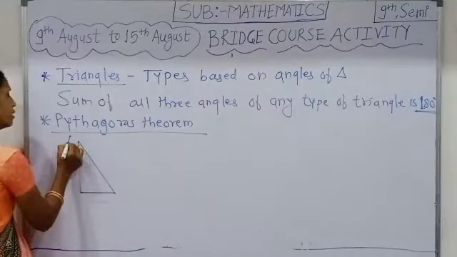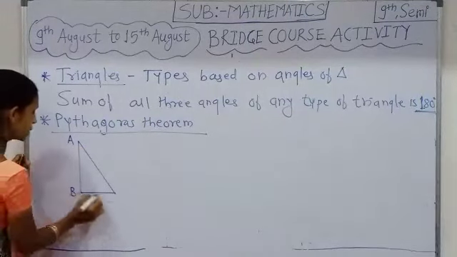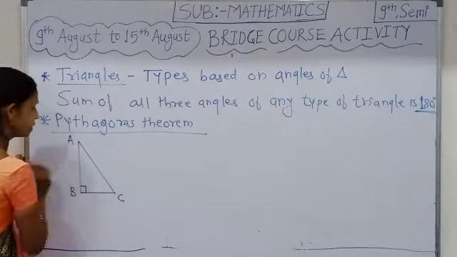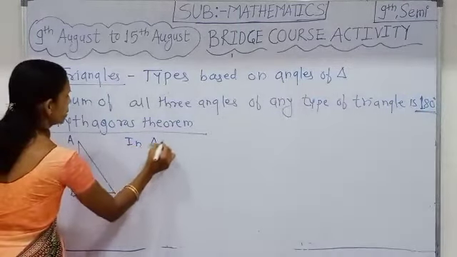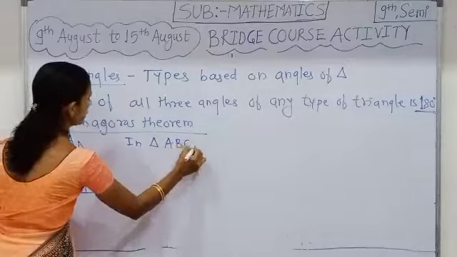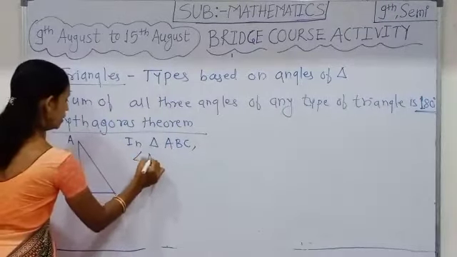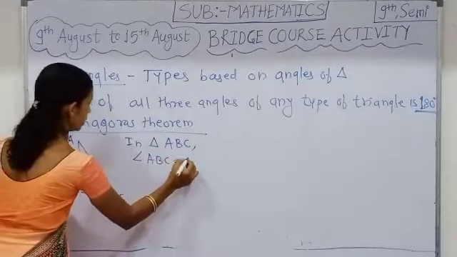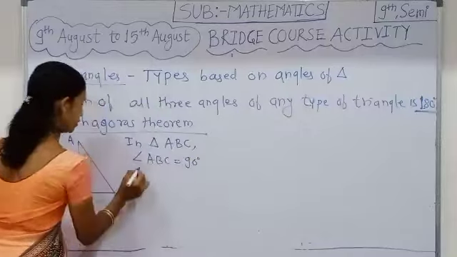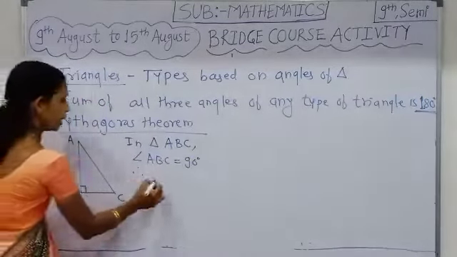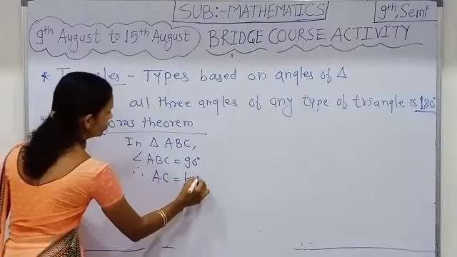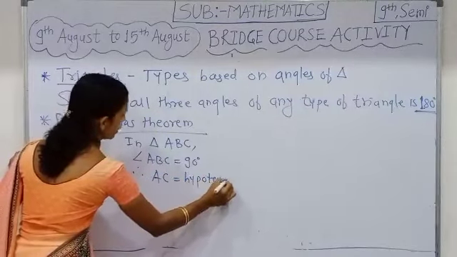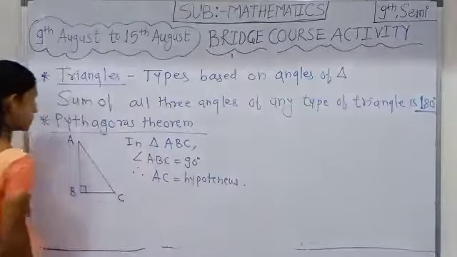See here, triangle ABC in which angle B is 90 degrees. Therefore angle ABC is 90 degrees. Here AC is the hypotenuse.